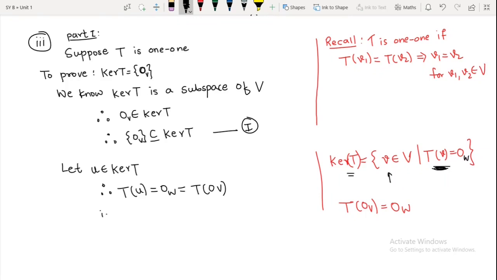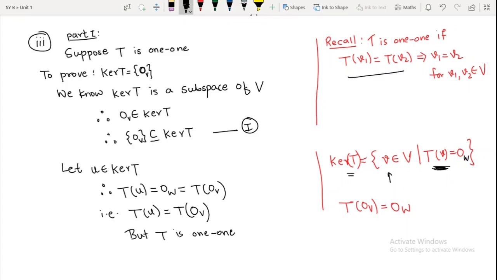That is nothing but what we are having, T of u is equal to T of 0_v. Remember this one is a suffix. But T is 1-1, right? Now since T is 1-1, what can you say immediately?